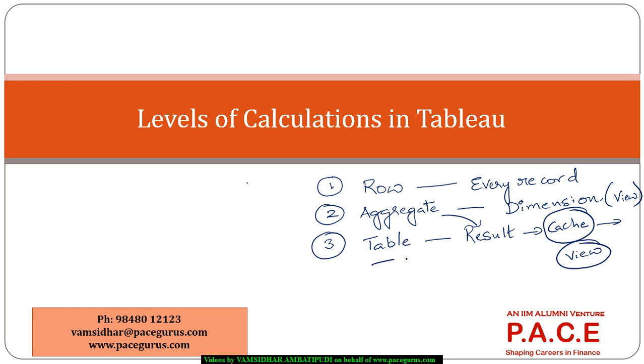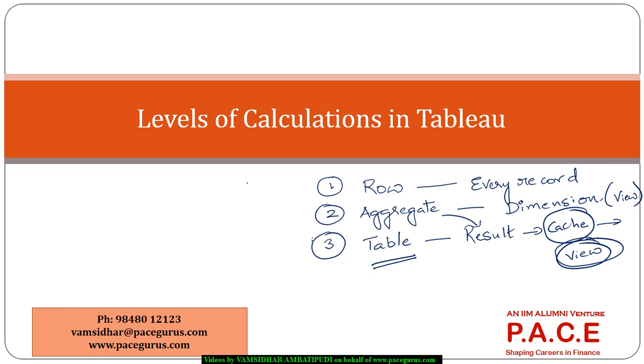So it's not a specific query which we write as part of the formula. It's the aggregate level calculation itself. When we get the aggregated result, it is stored in the cache, and we apply the table based calculations to that data before displaying it as part of the view.